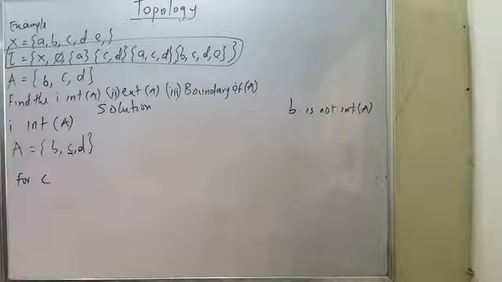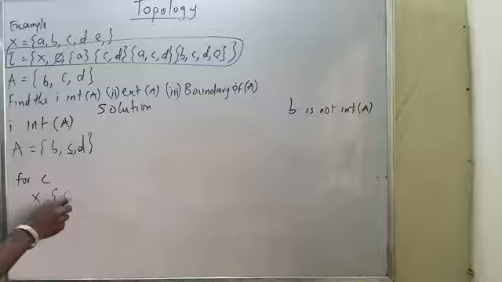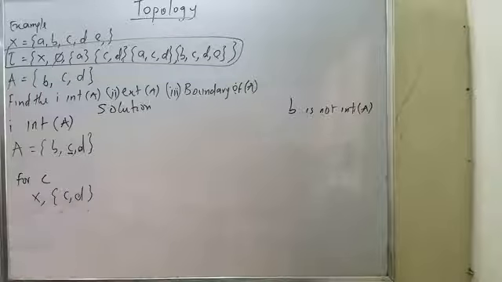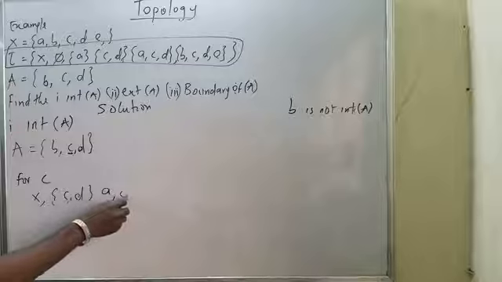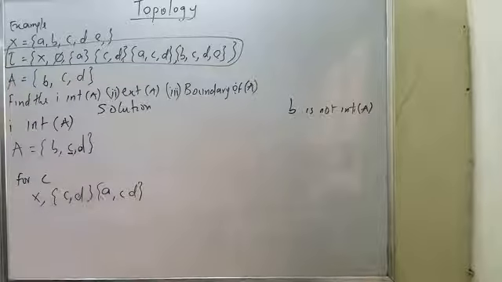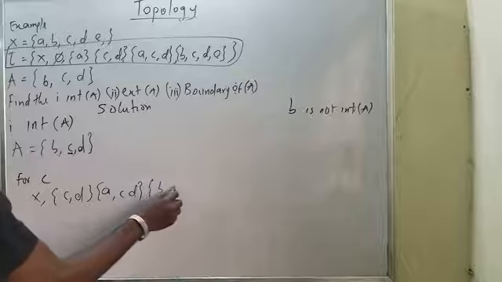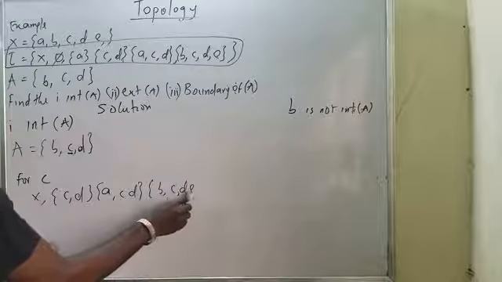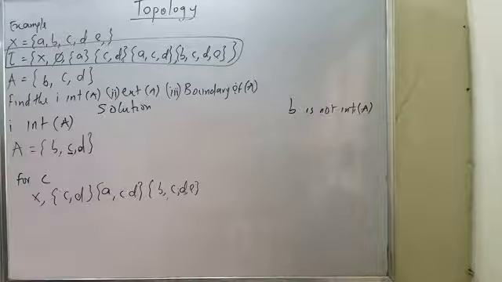Open sets that contain C are X itself, which contains C. I also have CD, which contains C. I also have B, C, D, E, which also contains C.